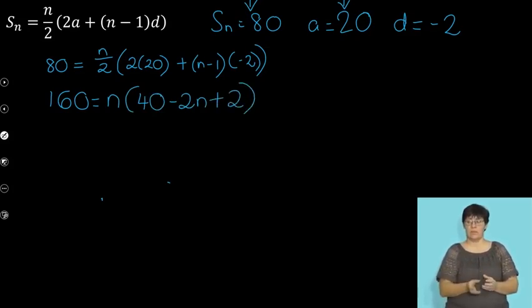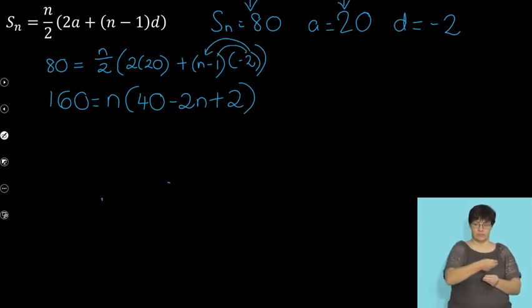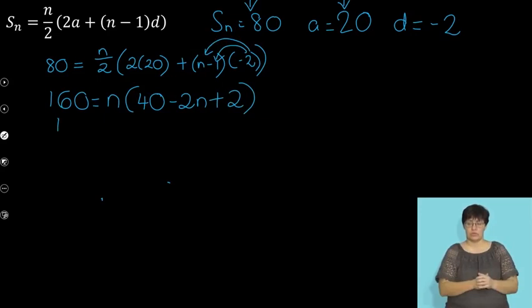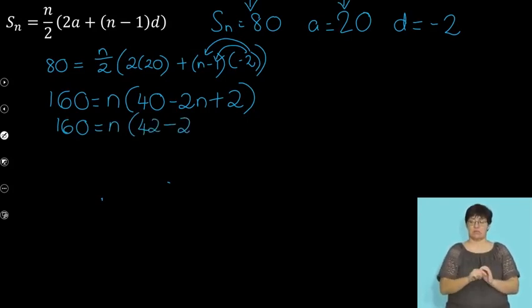In order to get to that step, I've distributed this -2 into that bracket. I'm going to continue simplifying, so I'm going to have 160 is equal to n times 42 minus 2n. I'm going to distribute my n in the next step.